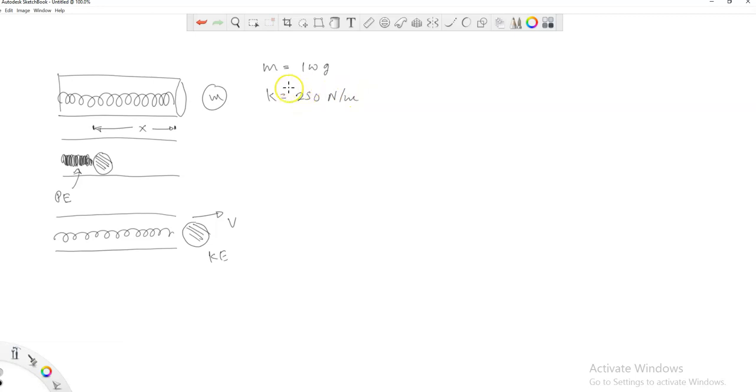I'm just assuming some random numbers. And let's say you compress it this distance, x equals 6 centimeters. Now the question is, what is the speed of the ball when you release it?